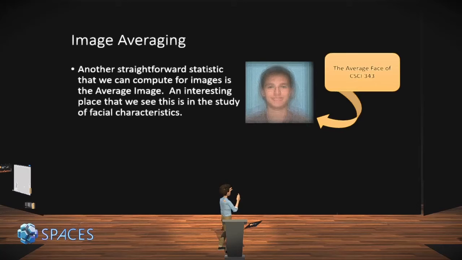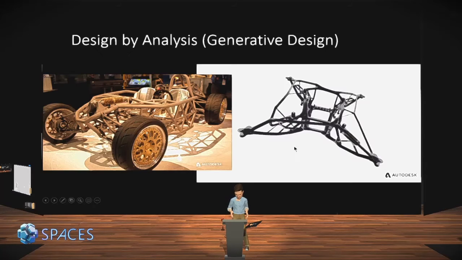But this is the average of all of your characteristics put together. Kind of cool, right? So these same kind of characteristics for using analysis to learn and build new things is being applied in a lot of different places. In industry, we're actually seeing new products and structures being developed using machine learning and other analysis techniques.